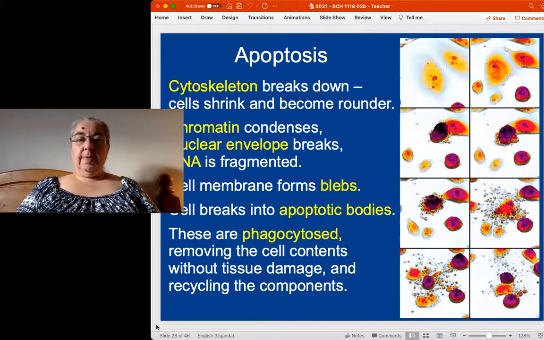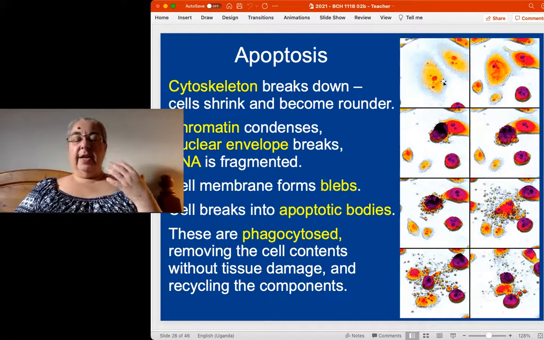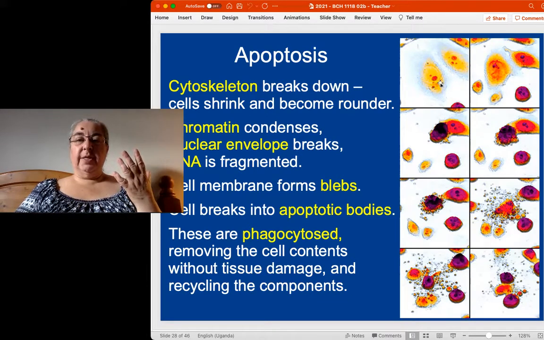Okay, so here is what happens in apoptosis. First of all, the cytoskeleton breaks down. Remember, the cytoskeleton is the structure of microtubules and actin filaments that gives the cell its shape.